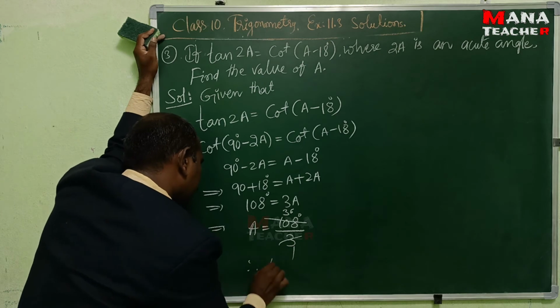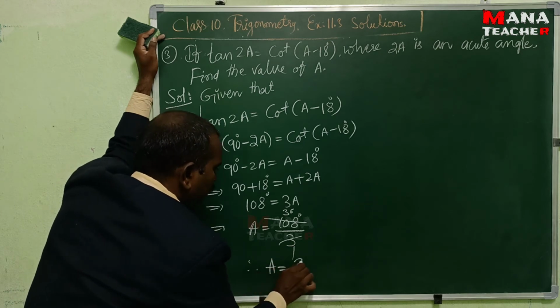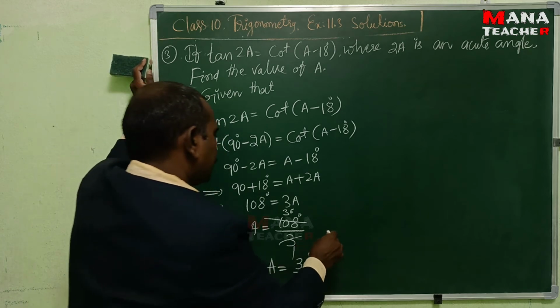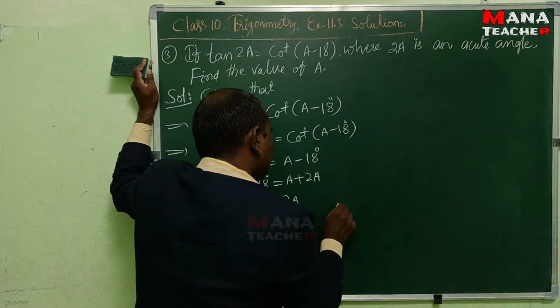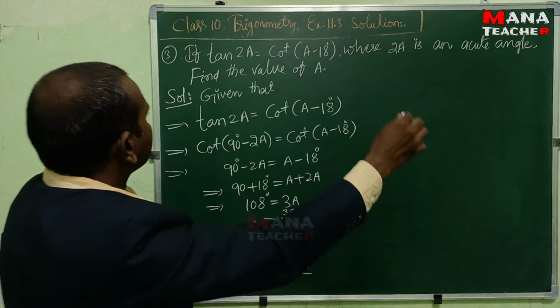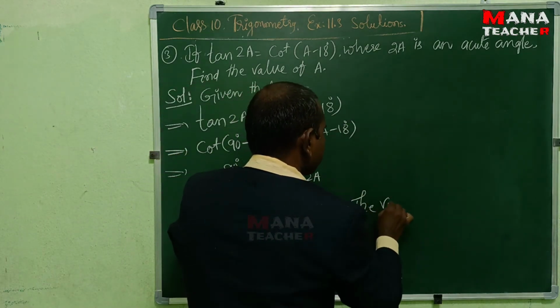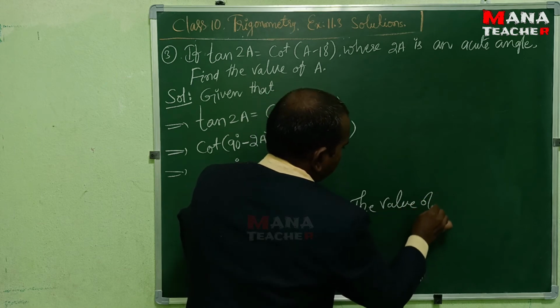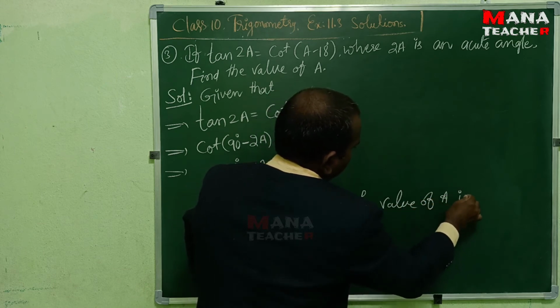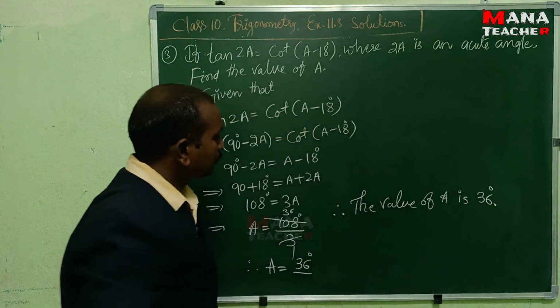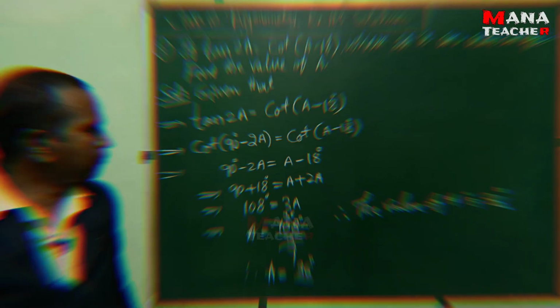Therefore A equals 36 degree. Finally write the sentence: the value of A is 36 degree. So this is the third problem.